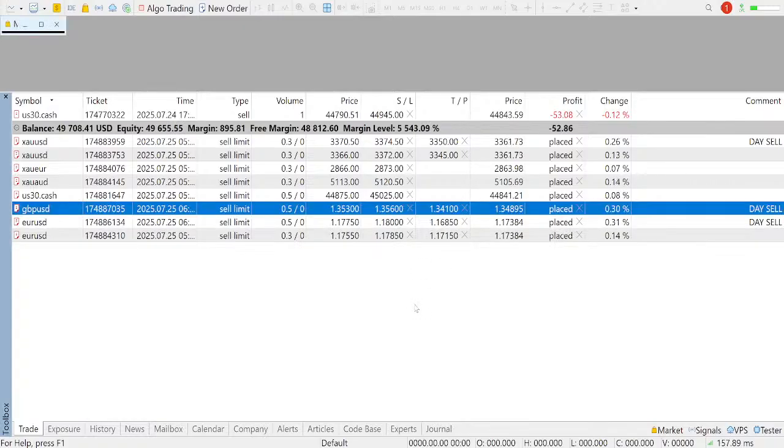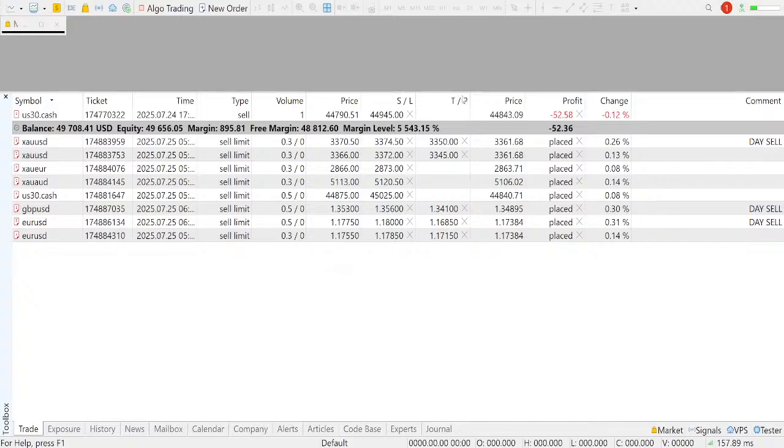Then the next one, we are going to go for a scalping sell, which is selling at 35, and I think we reduce the volume to 0.3.